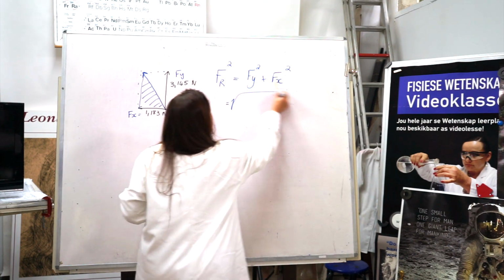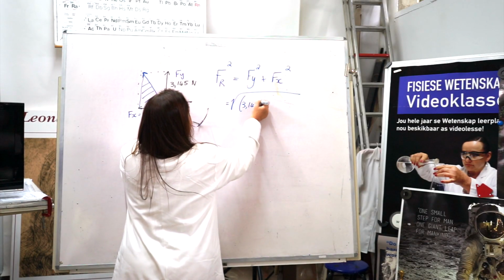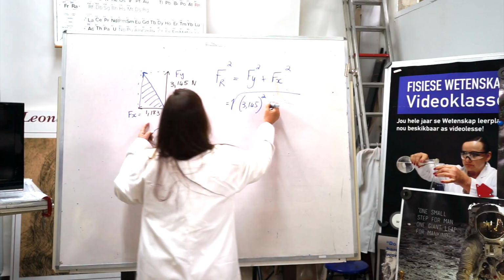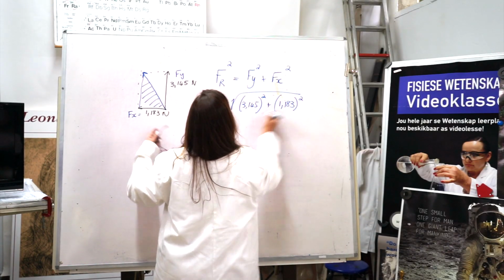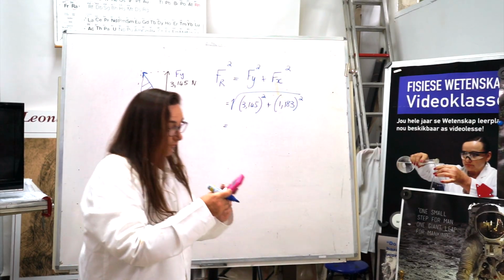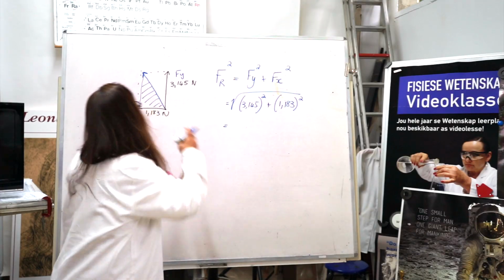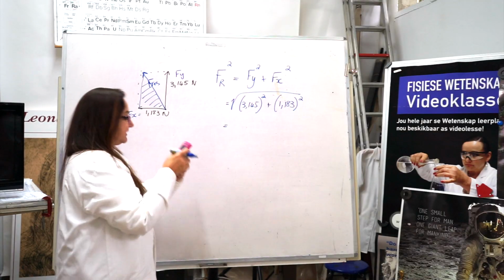So let's see what we can have. We're going to have 3.145 squared plus 1.183 squared. And let's see what that gives us. And that will be our final magnitude of our one single resultant vector.